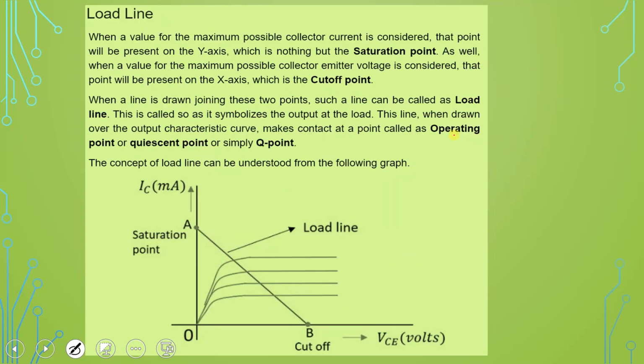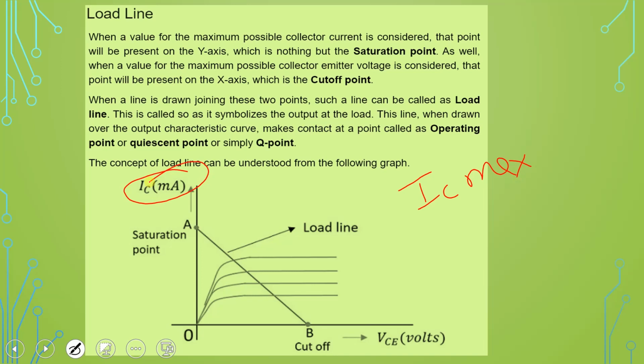Here we are discussing what we mean by the load line. When we consider the maximum possible collector current, that is IC maximum, that point will be present on the y-axis, because on the y-axis we have the collector current.